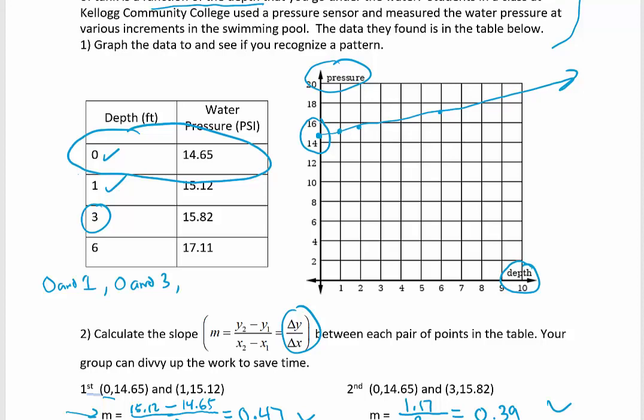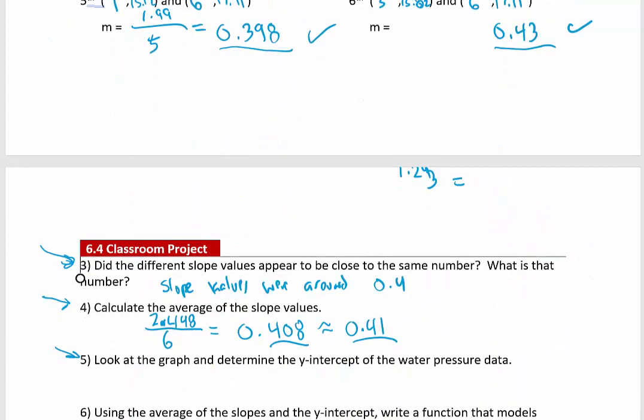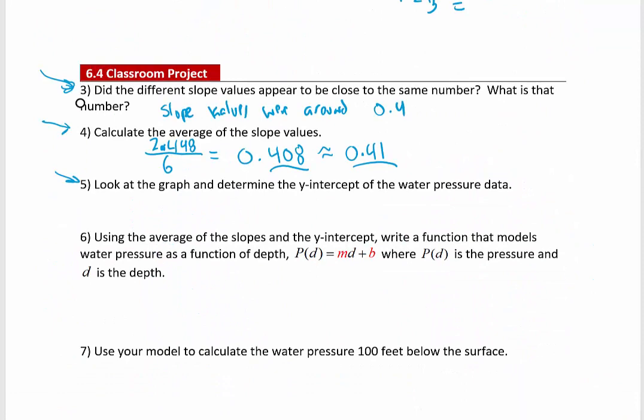Notice, if we have an x-coordinate of 0, we are right here on the y-axis. So that right there is my y-intercept, that 14.65. So the y-intercept, which we represent as b, is going to be 14.65.